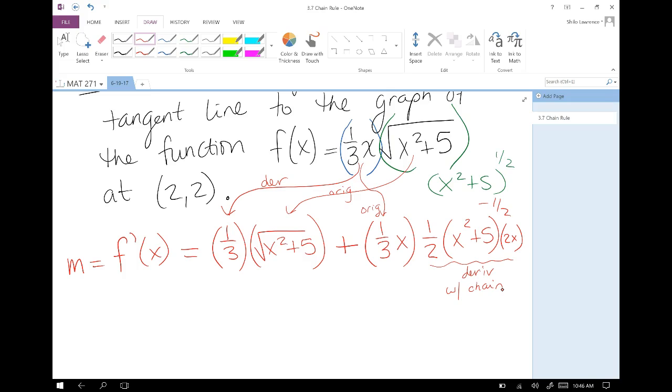We have our derivative. We want the slope at 2. So you can go straight right now to saying, all right, what is f prime at 2? We've done the derivative. We haven't cleaned it up. We don't necessarily need to clean it up, and it might be easier to clean it up with numbers in it.